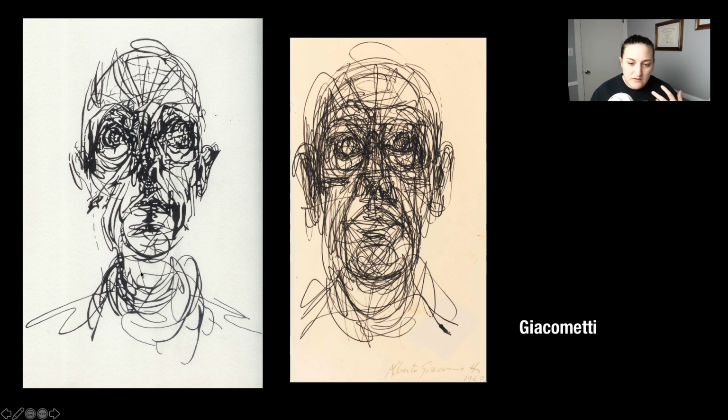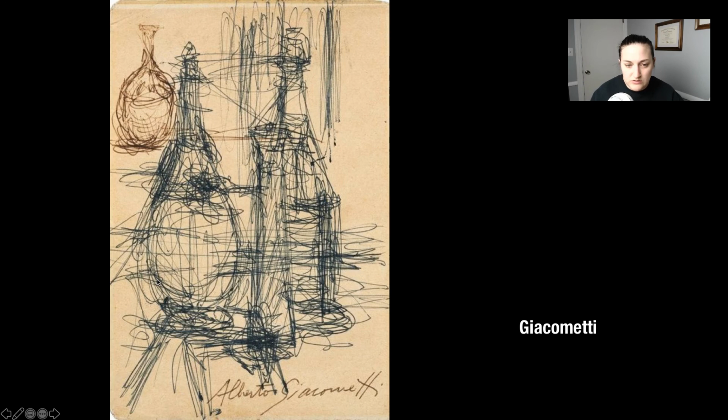It's almost as if he is feeling this form, and through that feeling he is able to describe it on a two-dimensional surface. This is a really good still life drawing of his, using that scribble line technique. It is almost very sketchy.